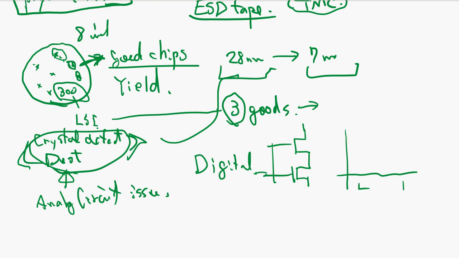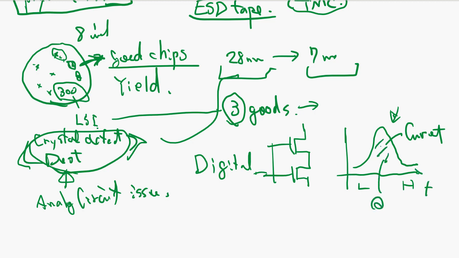With this characteristic, you can increase the amount of current by scaling this transistor up. And this total amount of current, total Q, is used to charge up all the capacitive load here, right? So this is obviously an analog issue.